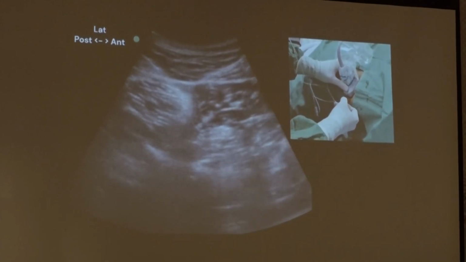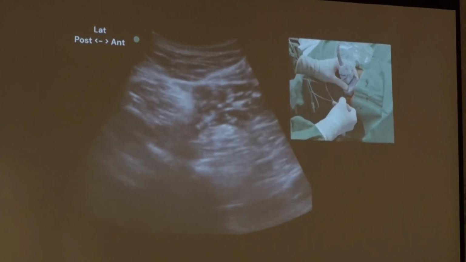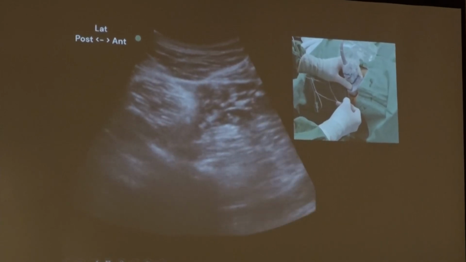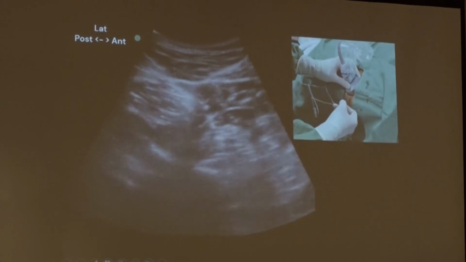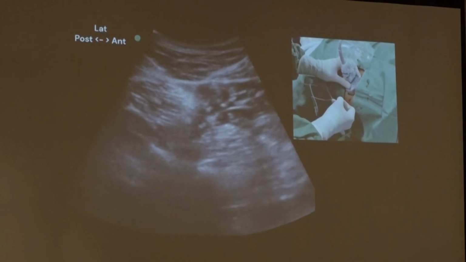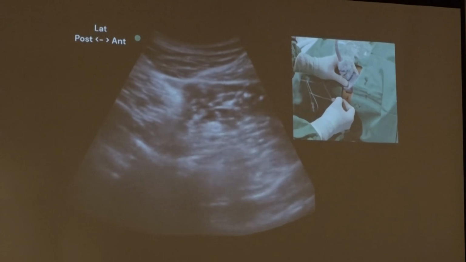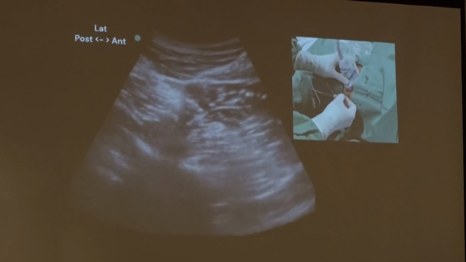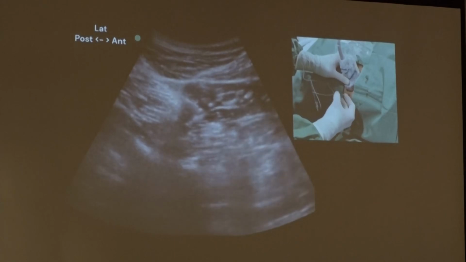As you can see, the needle is coming in from the lateral aspect, piercing through the quadratus lumborum muscle, and the tip is placed between the quadratus lumborum muscle and the psoas muscle.